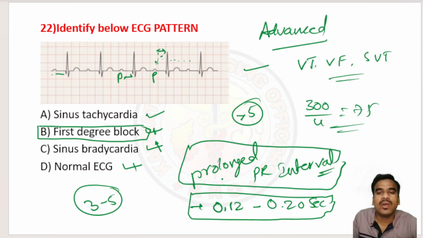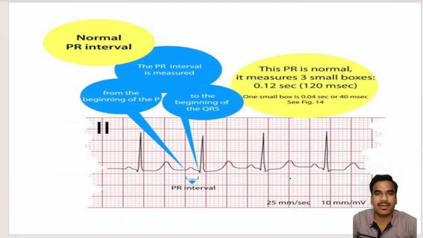Due to the prolonged PR interval, how to calculate it? I will show the normal PR interval and the prolonged PR interval here. See, this is the normal PR interval, and only 3 boxes are there.